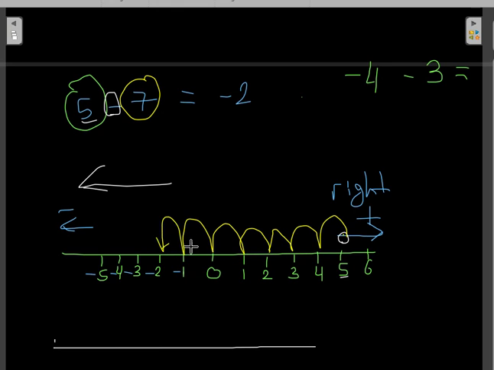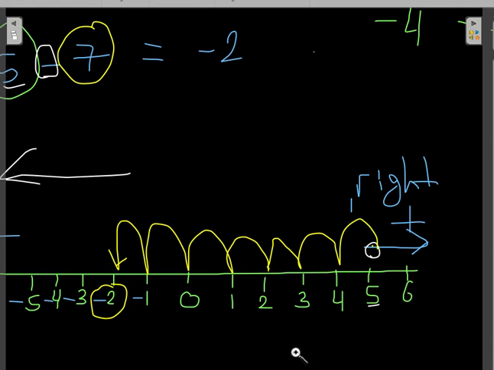There we have it. Our answer is negative 2. Anybody having difficulty? I'm going to zoom up right there, counting it. 1, 2, 3, 4, 5, 6, and 7.